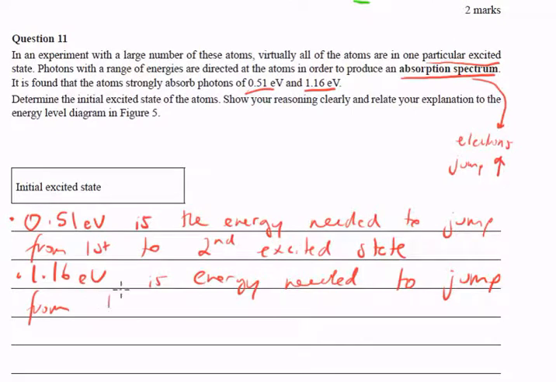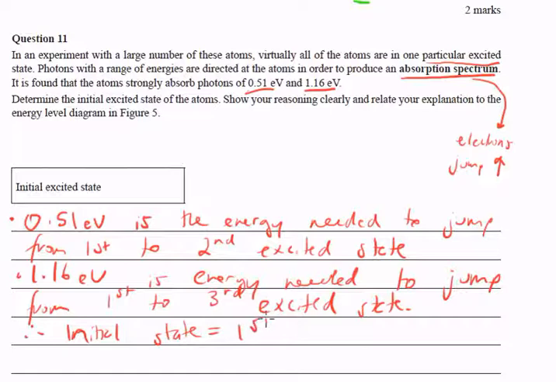So that was from the first to third excited state. Therefore, initial state is the first. Both of these are starting from the first.